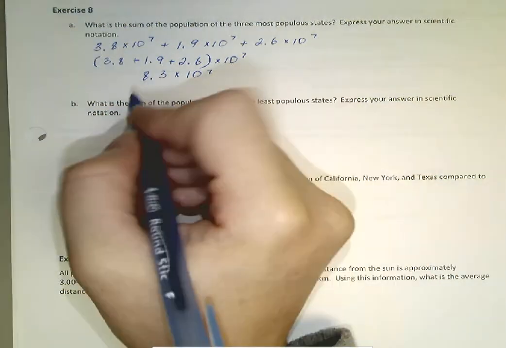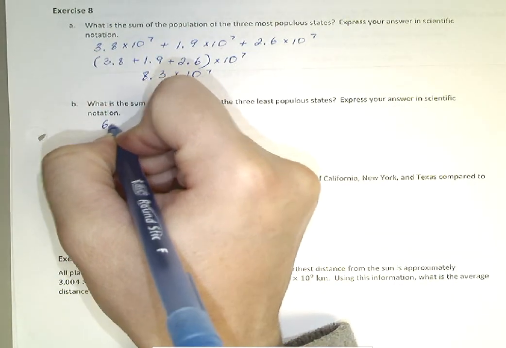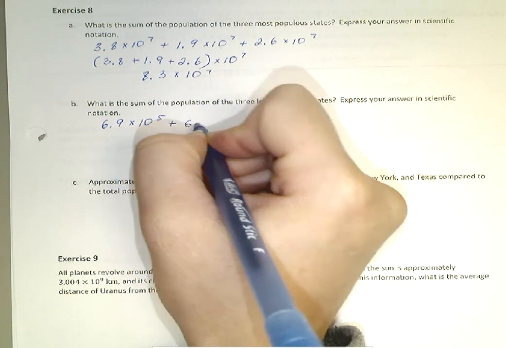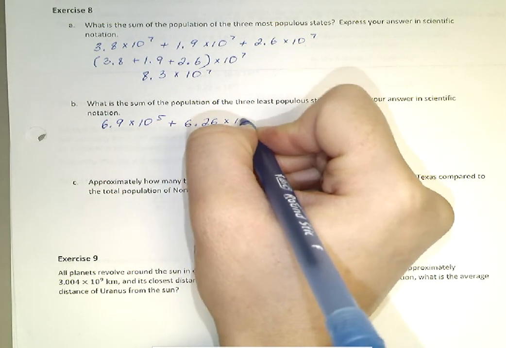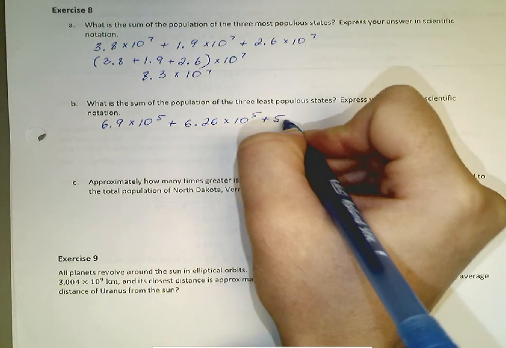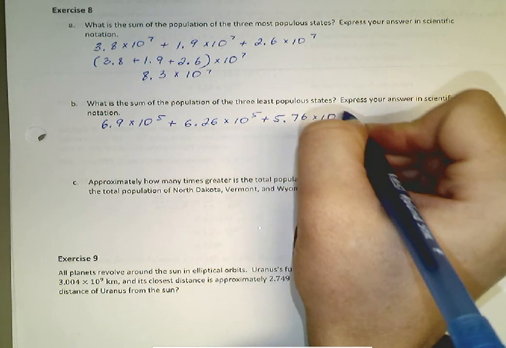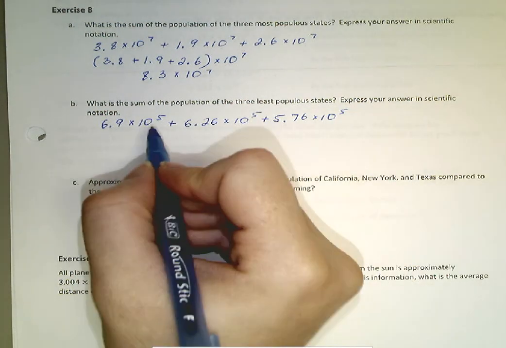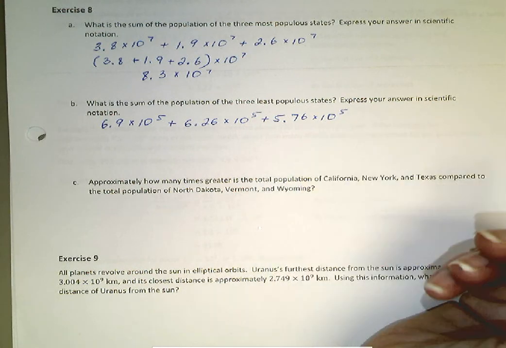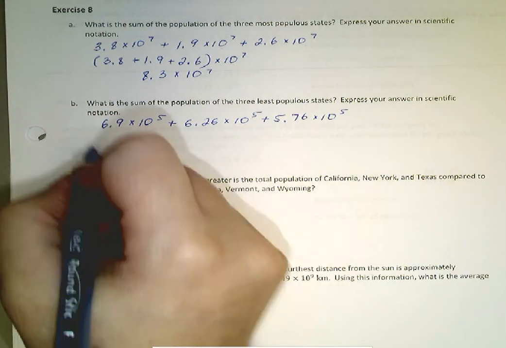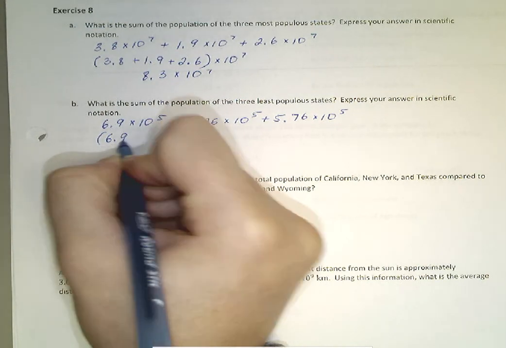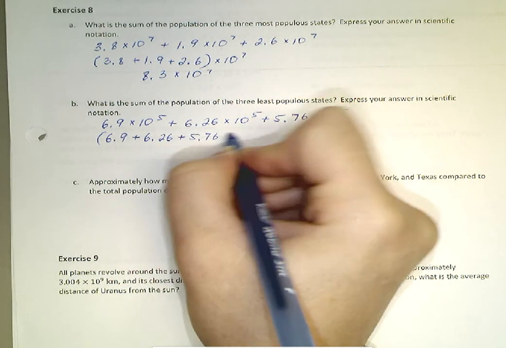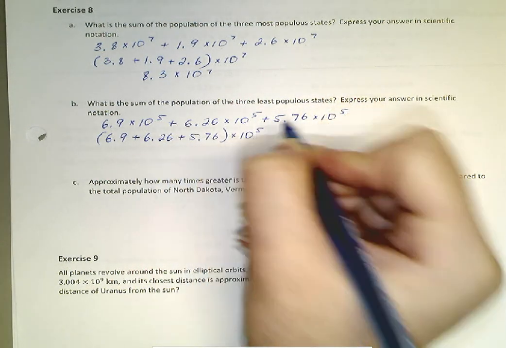Okay, so I'm writing 6 and 9 tenths times 10 to the 5th plus 6 and 26 hundredths times 10 to the 5th plus 5 and 76 hundredths times 10 to the 5th. Okay, I see that 10 to the 5th is the same for all of the three terms, so I can put it outside the parenthesis. I have 6 and 9 tenths plus 6 and 26 hundredths plus 5 and 76 hundredths, all multiplied by 10 to the power of 5.